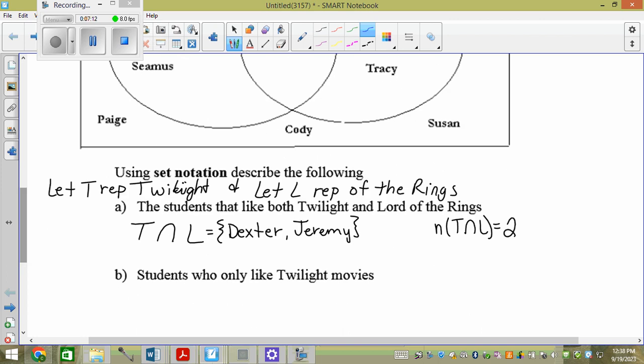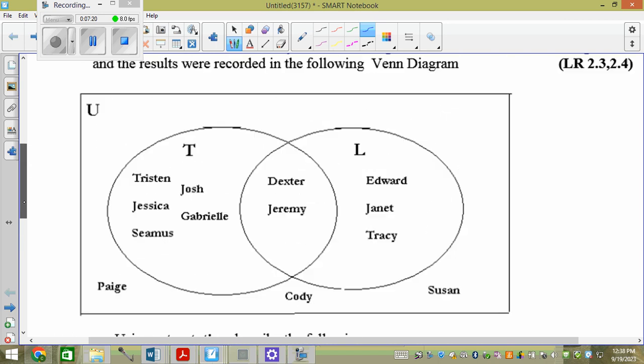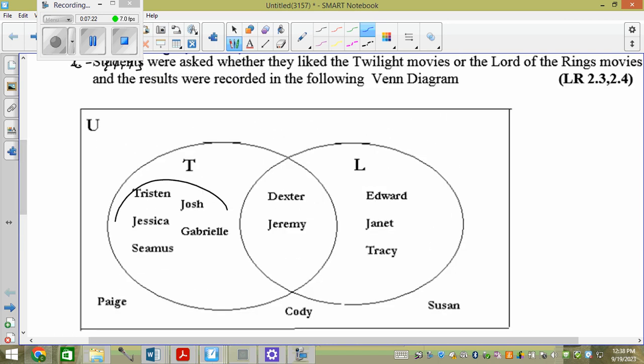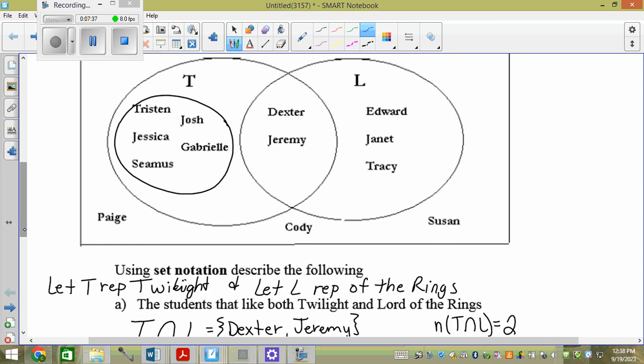Okay. B asks for the students who only like Twilight. So that is just this, which is a crescent moon, isn't it? What do I do when I want only a crescent moon? I just want the crescent moon, so I want to keep the T, correct?